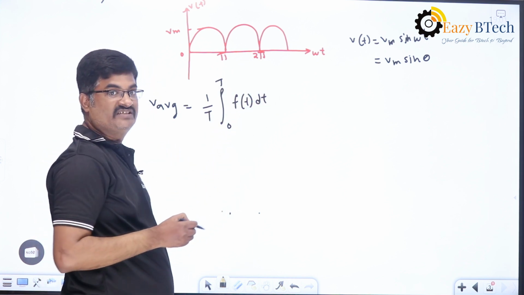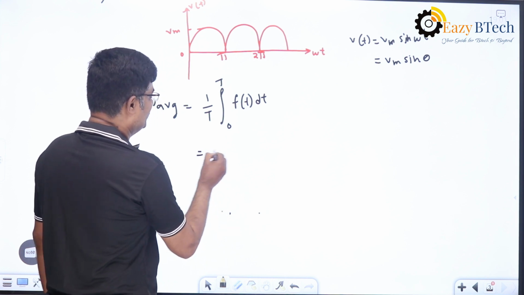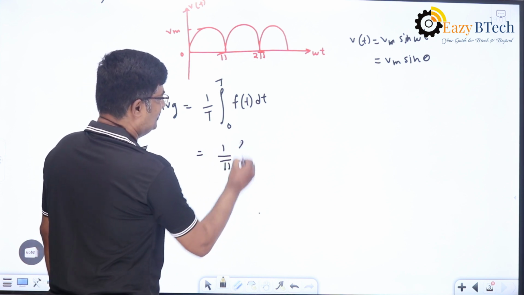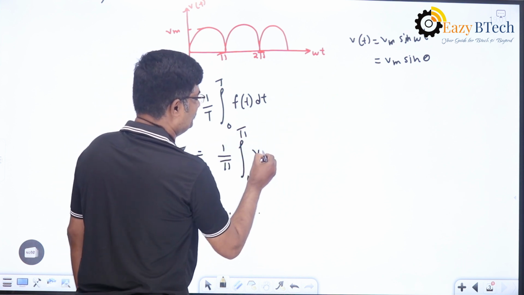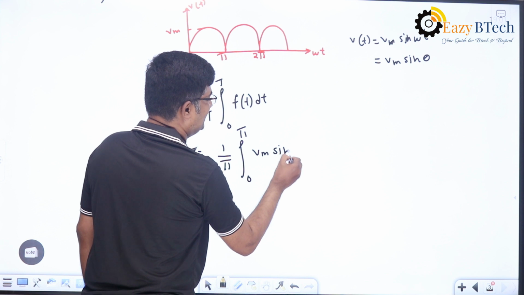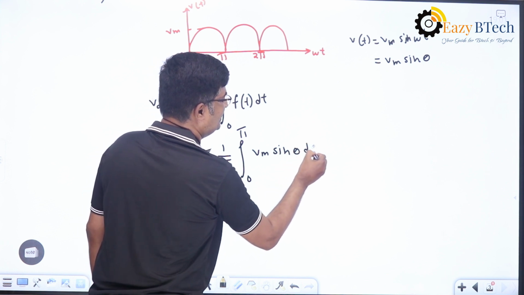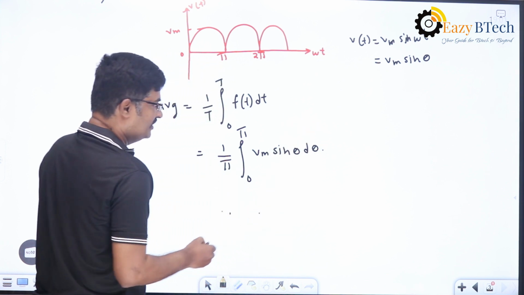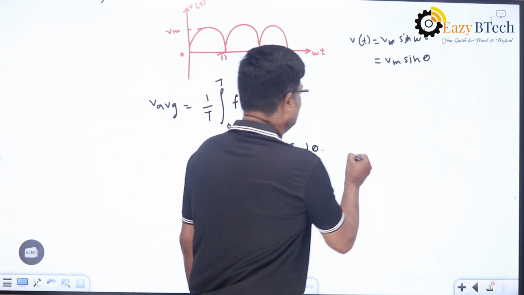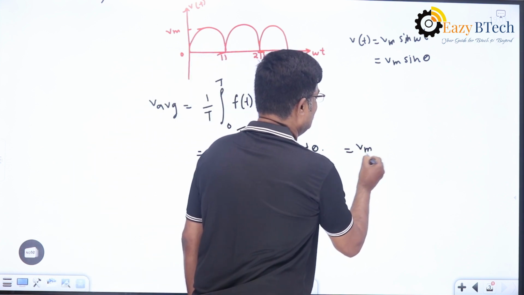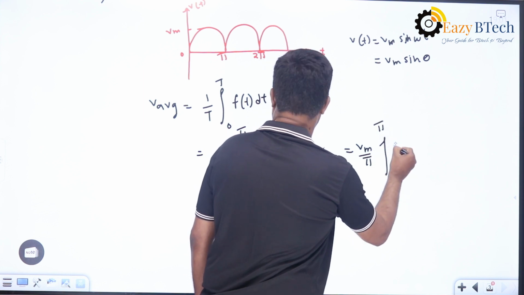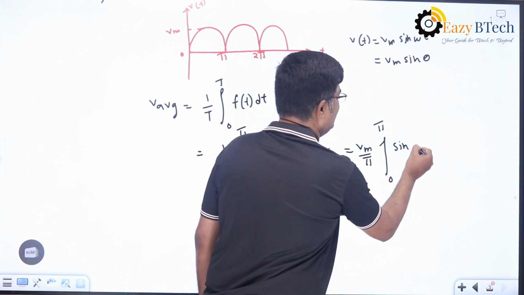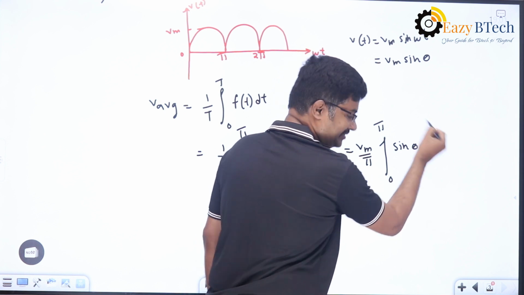This is the function which I am having. So here what I will be doing, 1 by pi integral 0 to pi, here my f of t is nothing but simply Vm sine theta into d theta. So if I am further simplifying, I will be writing this as Vm by pi integral 0 to pi sine theta into d theta.